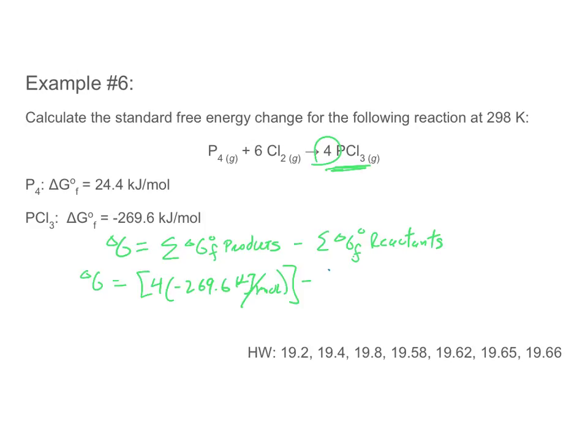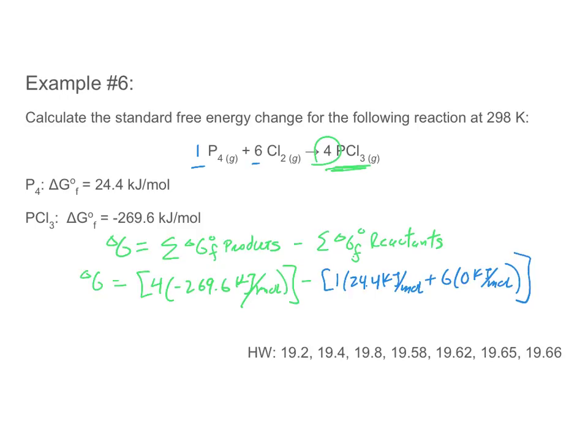So in this case, my reactants have a coefficient of 1 and 6. So in the case of the 1, it's going to be simply 1 times 24.4 kilojoules per mole plus 6 times 0 kilojoules per mole.